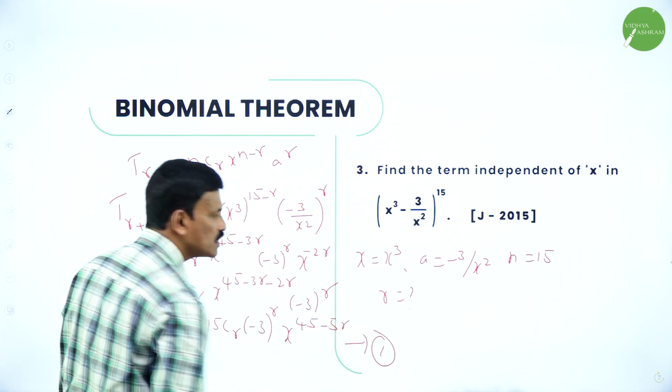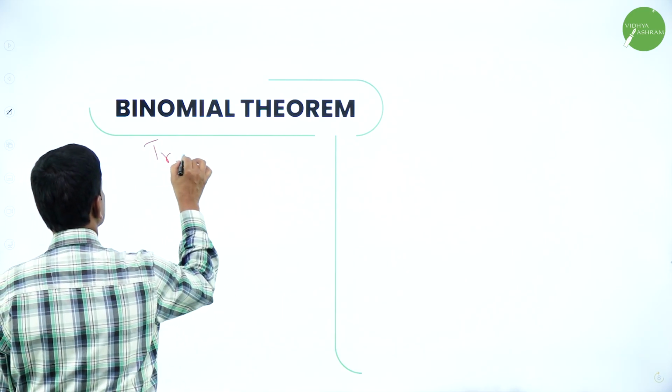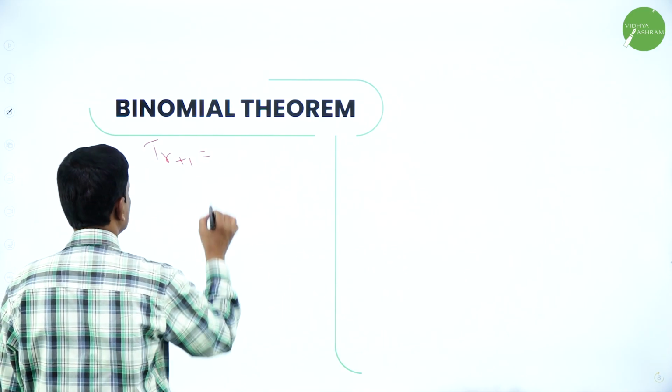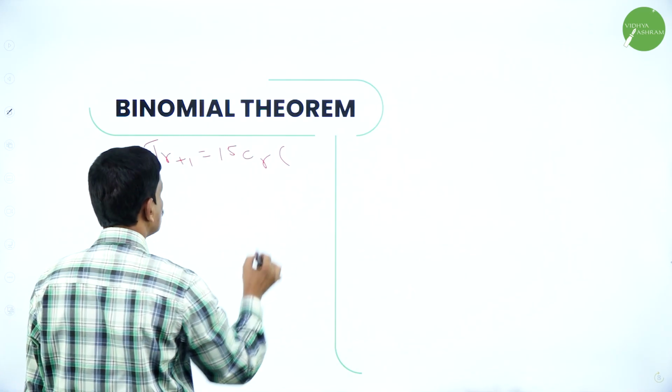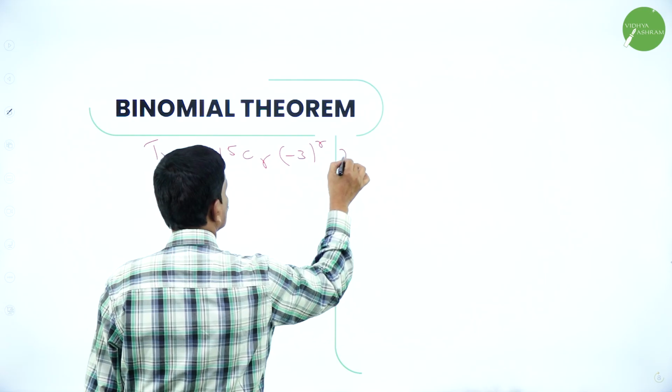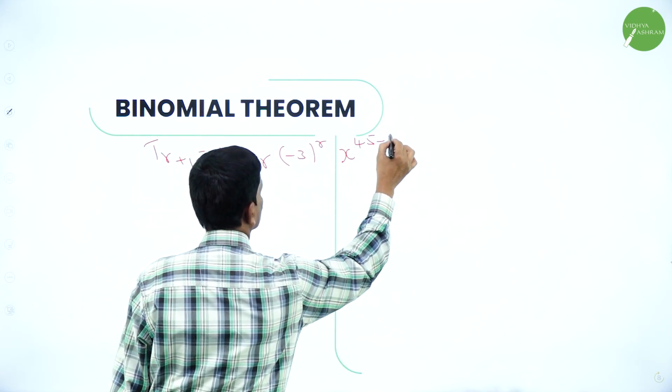Let us represent this as equation number 1. Now T(r+1) is equal to 15Cr (minus 3) to the power of r into x to the power of 45 minus 5r.